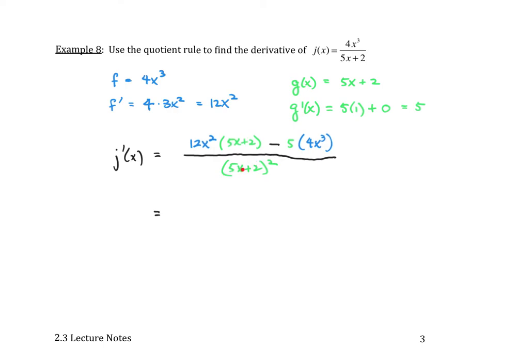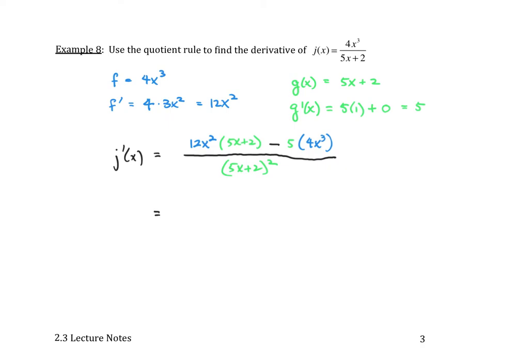Sometimes students try to do that, but that's illegal because of this subtraction sign here. If you're able to factor out a 5x plus 2, then you could cancel. But because you have this difference over here, you don't have 5x plus 2 in both terms. So you can't just cancel like that. That's an algebraic error.